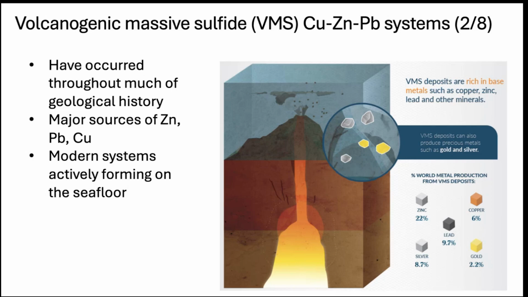The graphic shows that 22% of our zinc is mined from VMS deposits, about 6% of the copper, 10% of the lead, 9% of the silver, and some VMS systems are particularly gold rich. So they're a good source of gold as well.